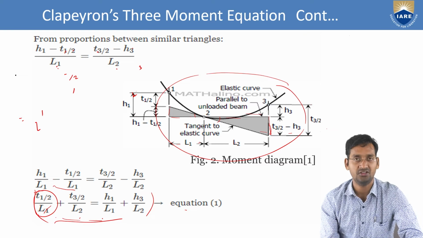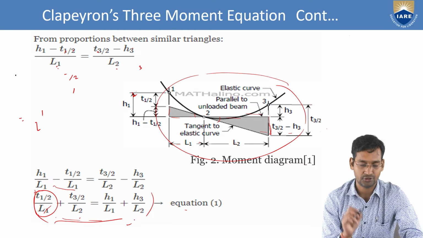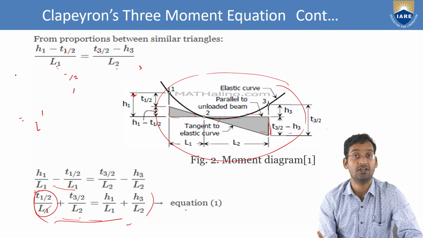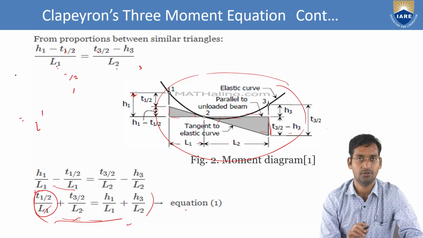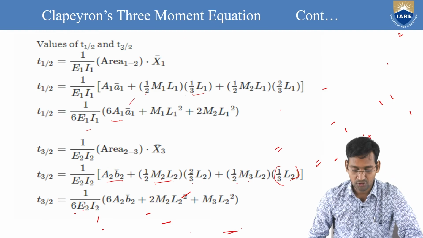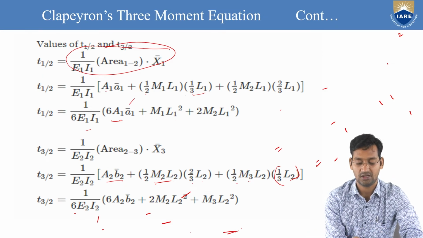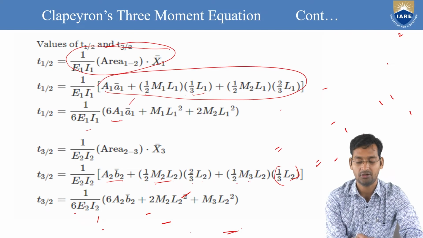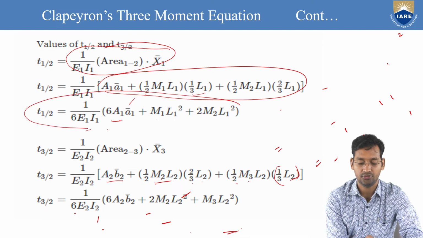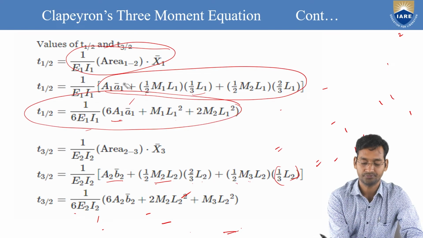After rearranging, this is the equation. Now our target is to find T122 and T322. After finding, just substitute here. That's all. So for finding T122, this is the formula, where all the moments will act, which I already discussed. After that, you will get T122 here.